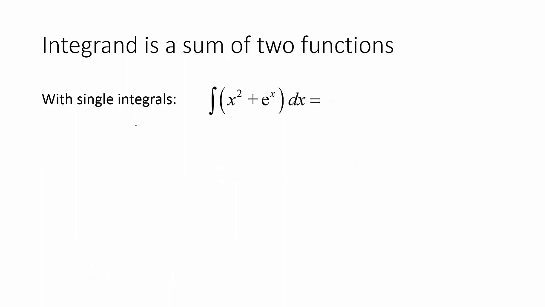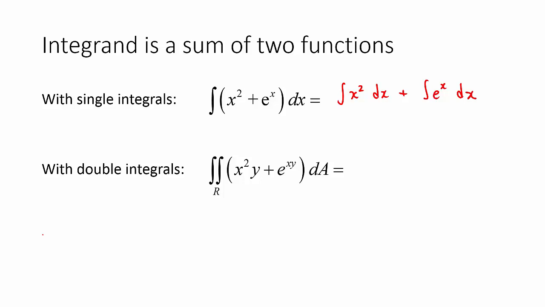Next, recall that with single integrals, if your integral is a sum of two different functions, you can perform the integration separately like this. The same can be done with double integrals of two different functions.